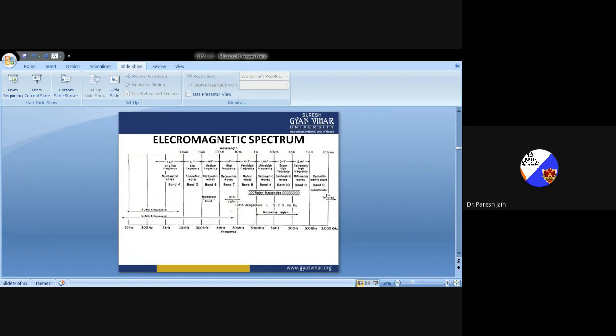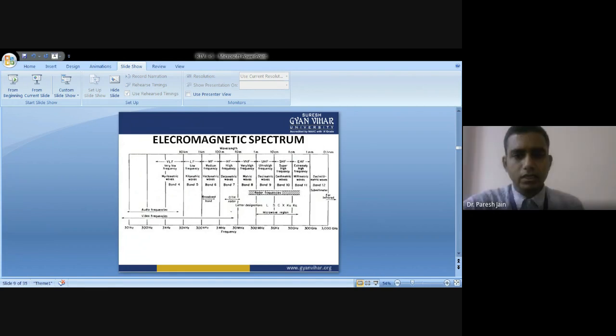Letter code designation of radar frequencies. In the previous slide, we have already shown that the L, S, C, X, Ku, Ka are the frequency bands in the microwave region, and they are denoted by the radar designation nomenclature. So these are the bands for radar frequencies.